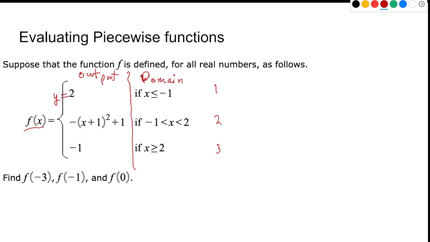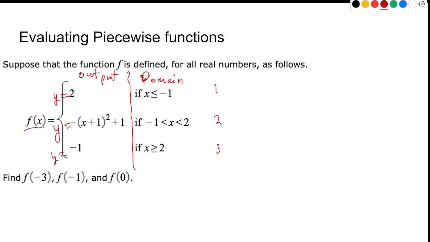So whenever x is less than or equal to -1, the answer, the output, the y value will always just be 2. Again, no calculation to make. Down here, y would be equal to this function. Again, they're all functions, but the output, I have to plug in the x, do some arithmetic, and then I'll get it. And this last part, y equals -1.